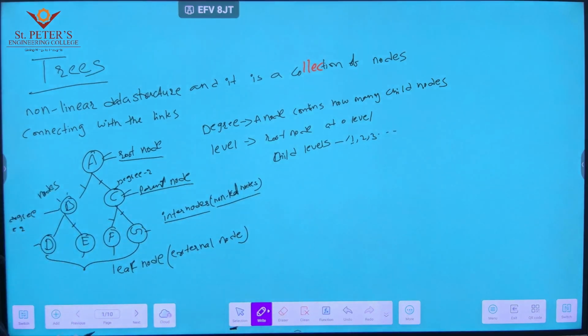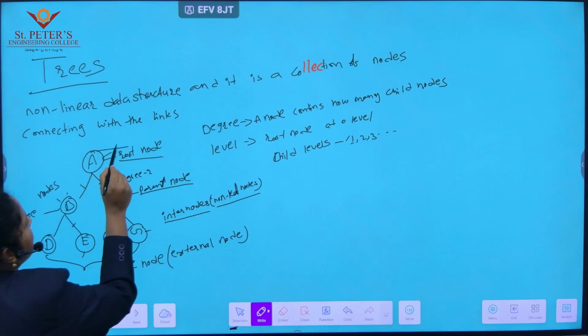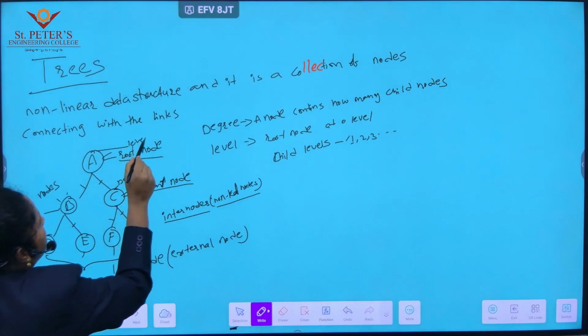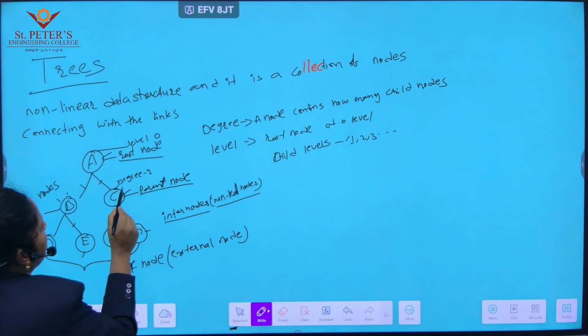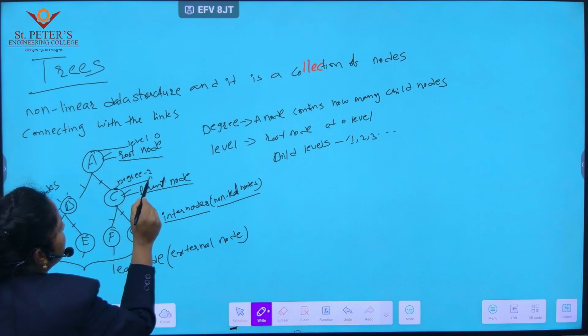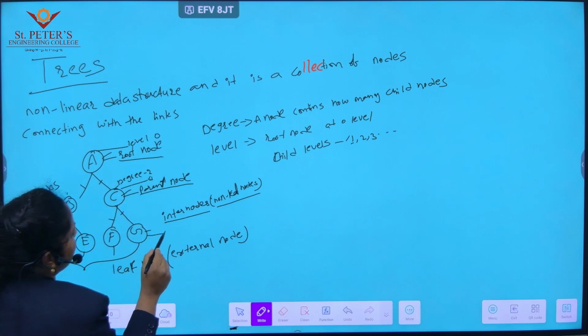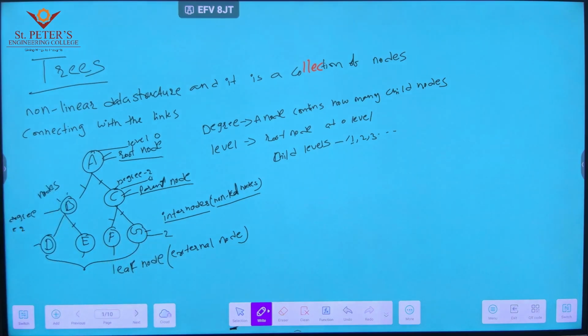For example, the level of A is 0, the next level is 1, and the next level is 2.